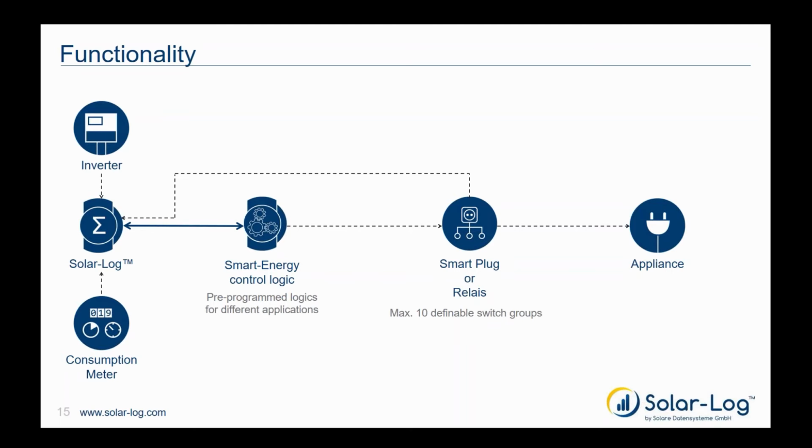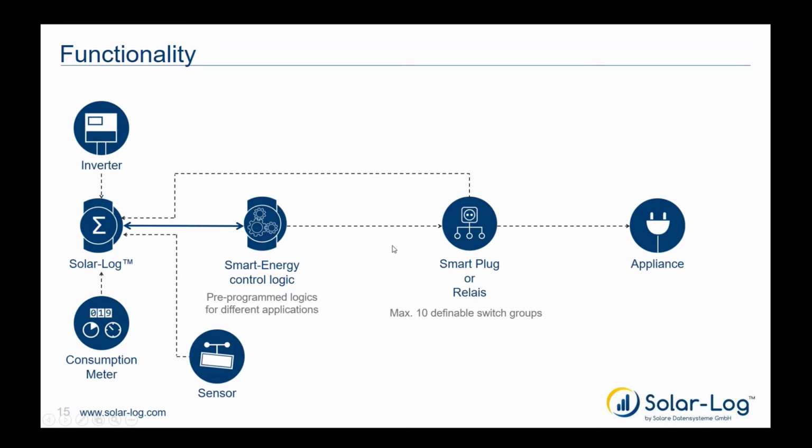What we can also do in special cases, for example if you have zero export plants. In Spain they use them a lot. You are not allowed to feed in. So per definition the surplus is zero in this case. But maybe there will be enough sun to activate something.